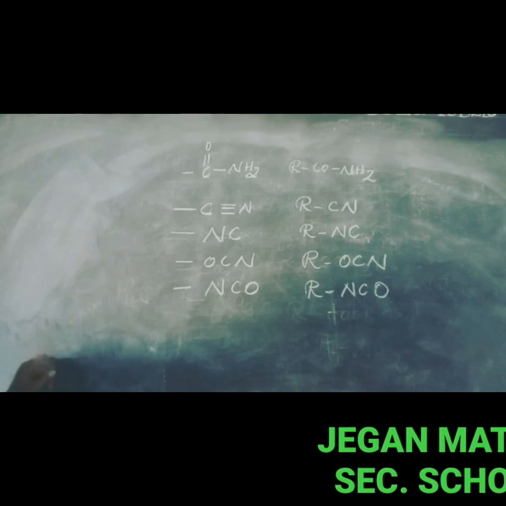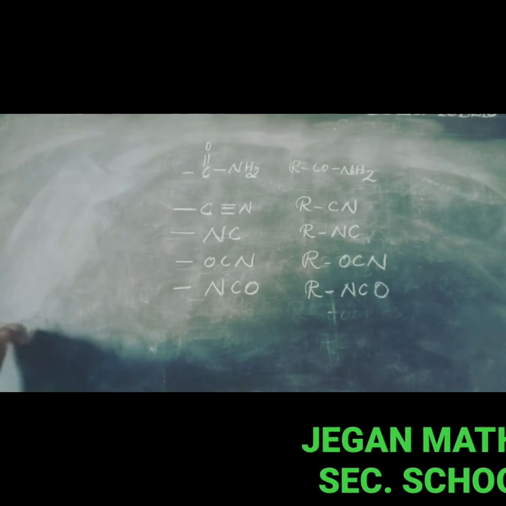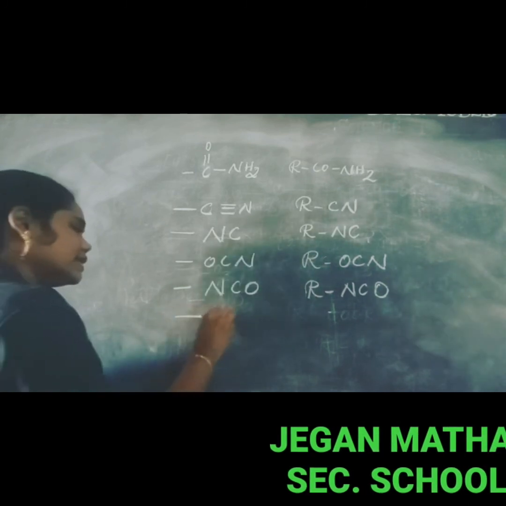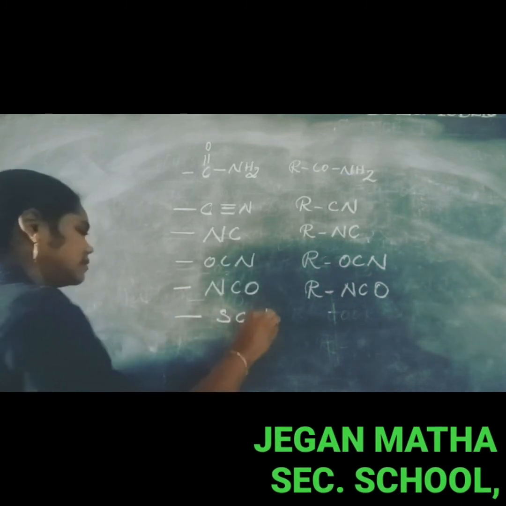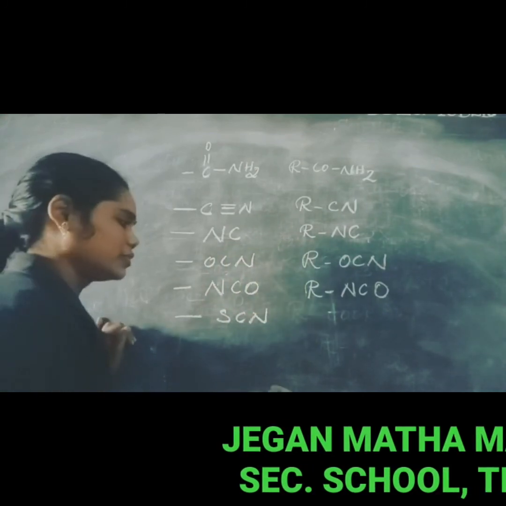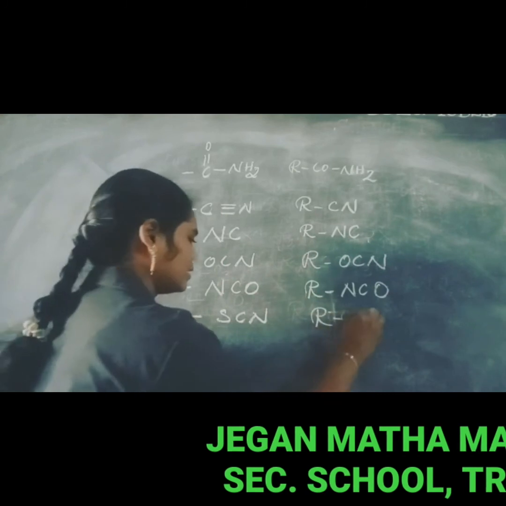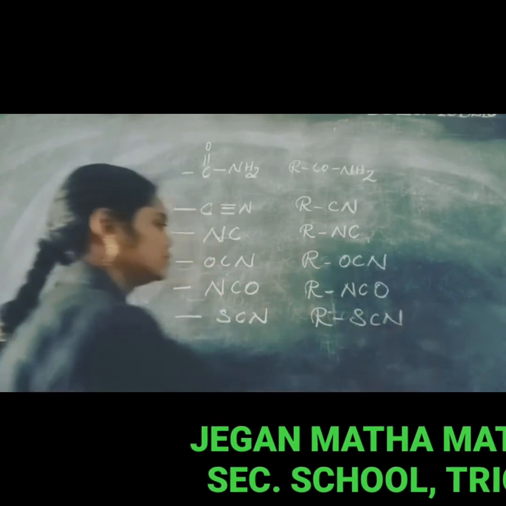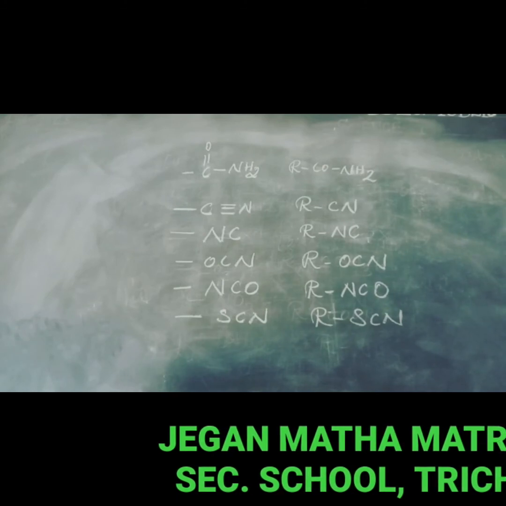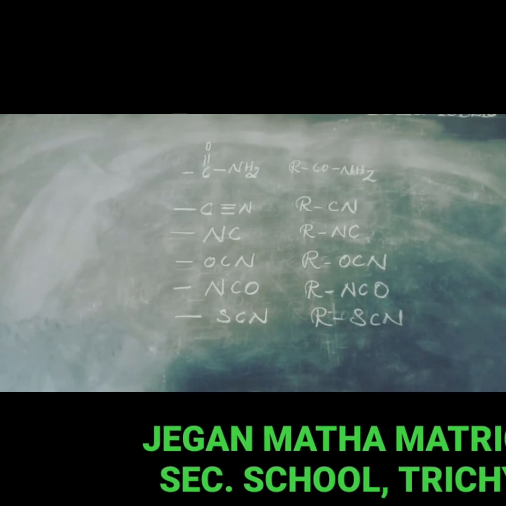And next one, thiocyanate. Thiocyanate represents bond SCN. What is the formula for thiocyanate? R-SCN. Next one, isothiocyanate.